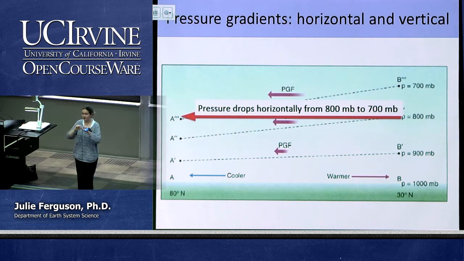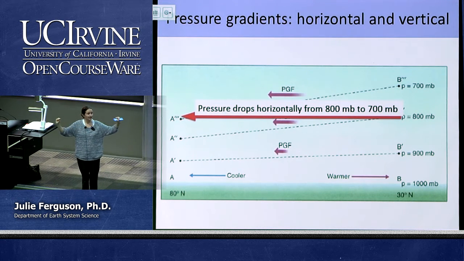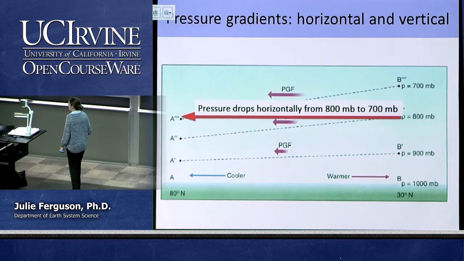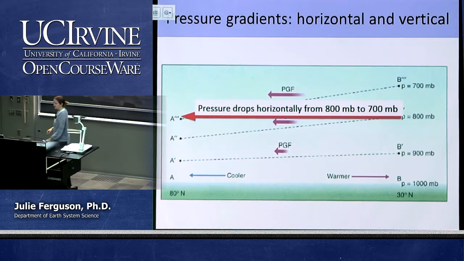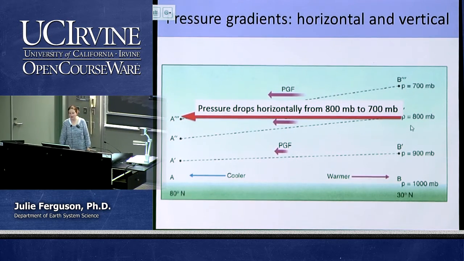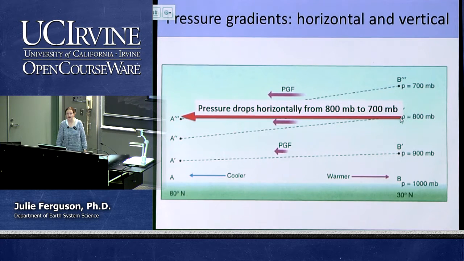It means that if we pick any one particular altitude, say 2 kilometers or 3, then what we have is a pressure gradient. Because say if we went sort of 3 kilometers up in the atmosphere and we measured a pressure of 800 here in our warm air column, well, over here at 80 degrees north, we'd actually have 700 millibars.